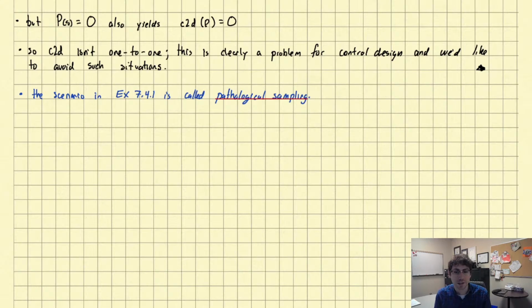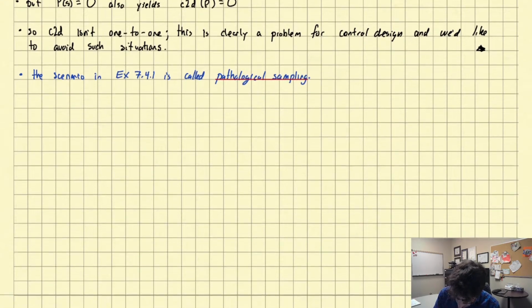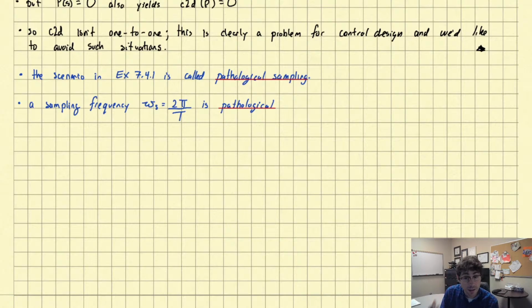And we basically want to avoid this type of sampling. Okay? We're going to say that a sampling frequency is pathological relative to a continuous time plant, right?